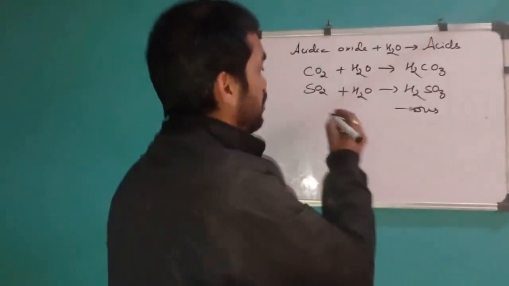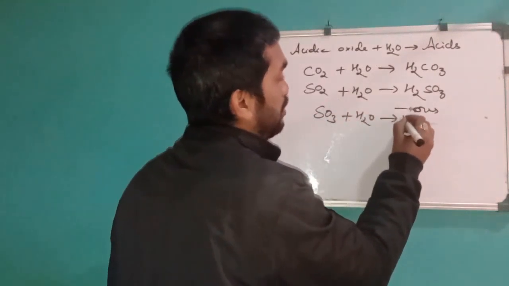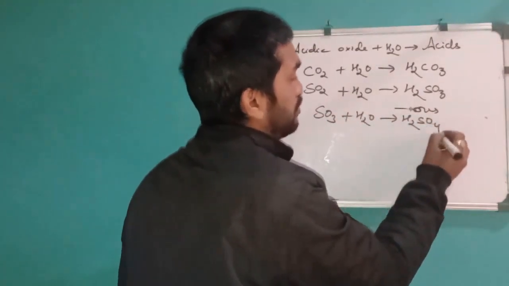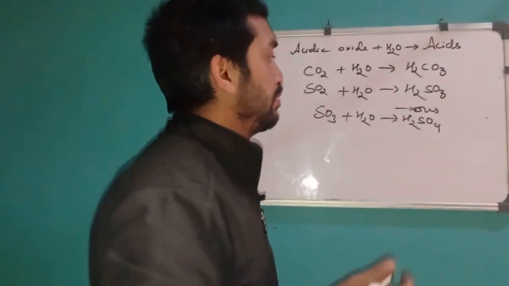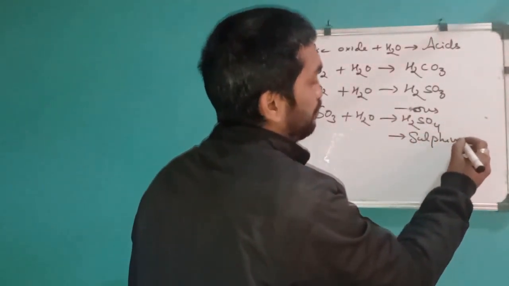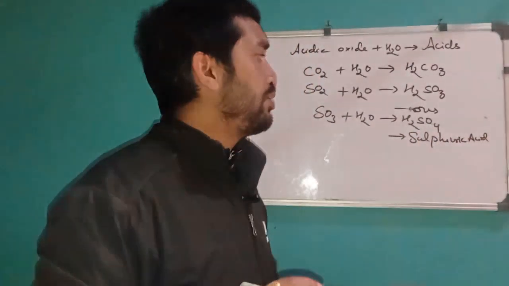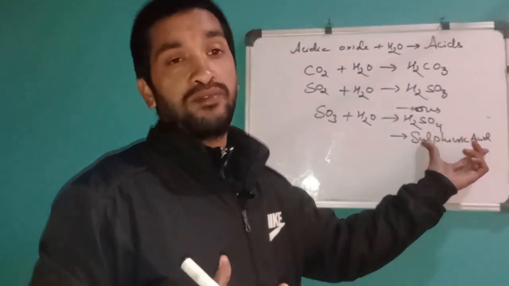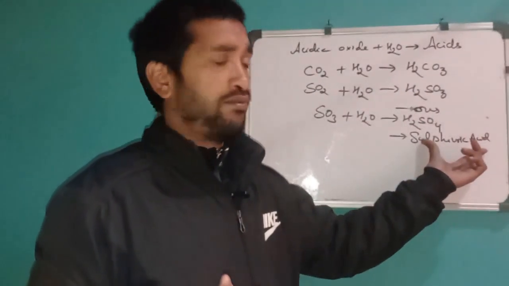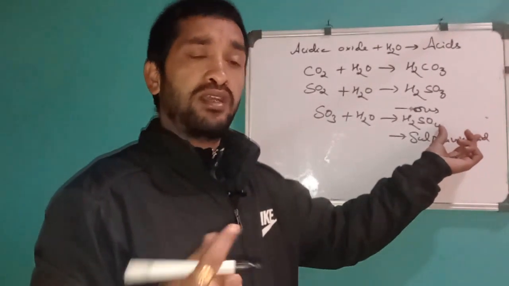Suppose I take SO3 with H2O, then it's H2SO4, sulfuric acid. Sulfuric acid is a familiar term for you. So whenever one oxygen is less than the standard, add OUS.